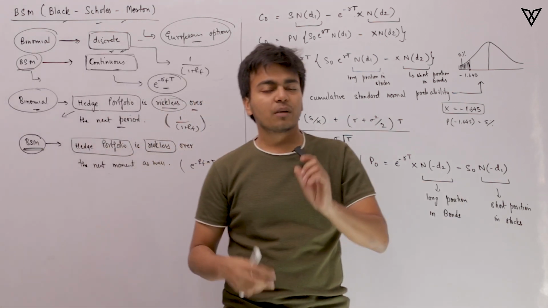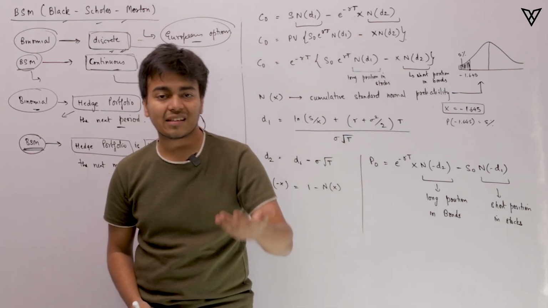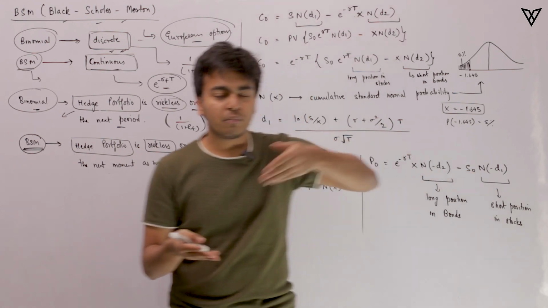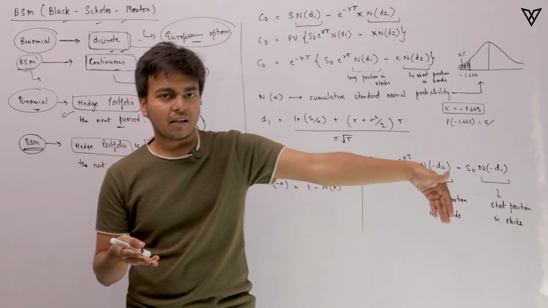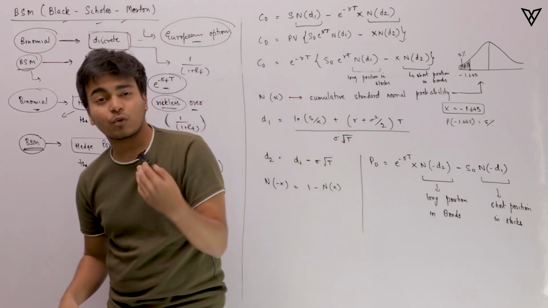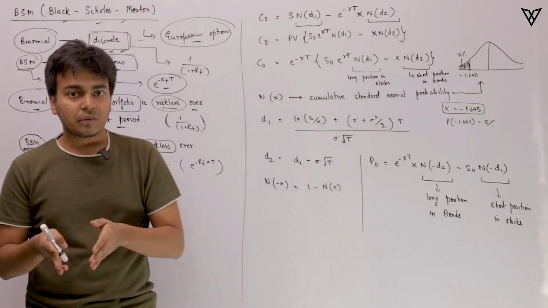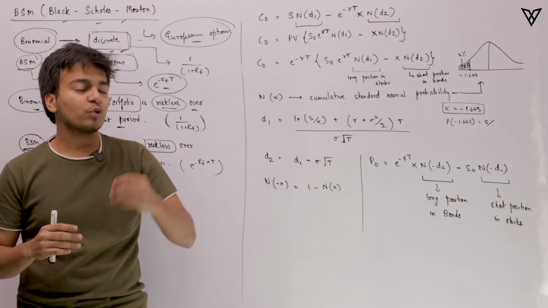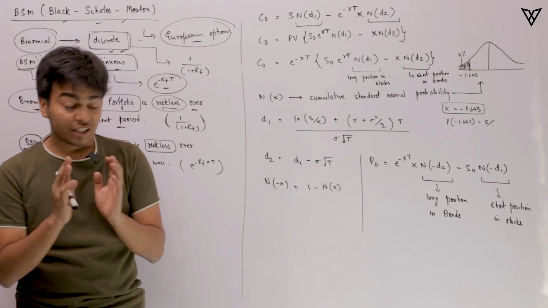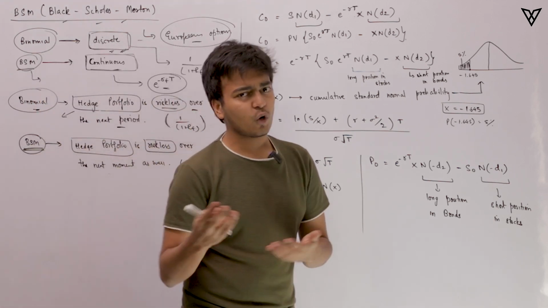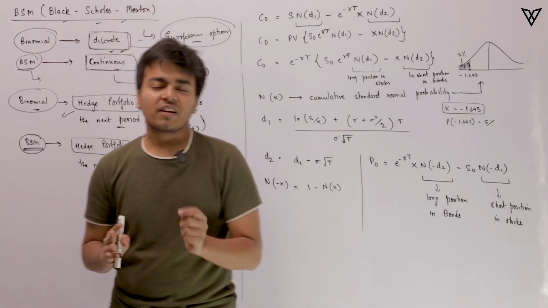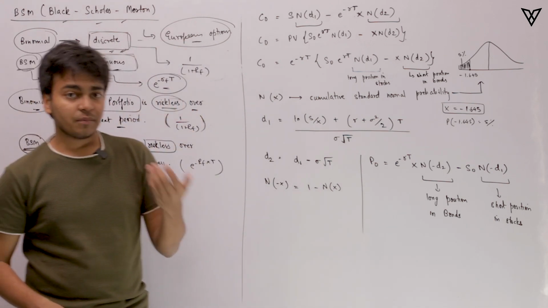We assume that the hedge portfolio is riskless at each and every interval, whether it is a millisecond, a minute, or 10 minutes. So if I am standing today at time period 0, I assume that at the very next moment, the hedge portfolio created using options and stock is going to be completely riskless. That is one assumption we have in our BSM model.